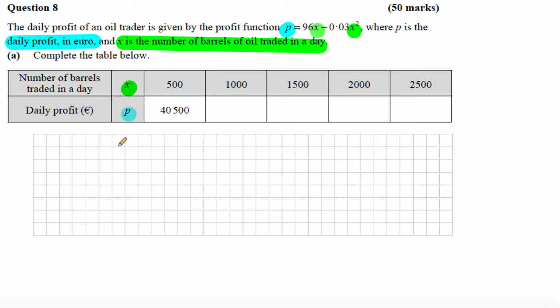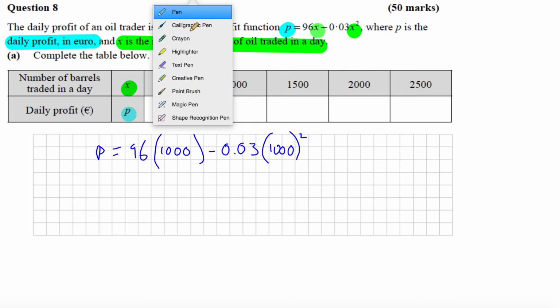So in other words, for this box here, we're just going to put the value 1000 up in here. So on your calculator, what you're doing is P is equal to 96 by 1000 minus 0.03 by 1000 squared.